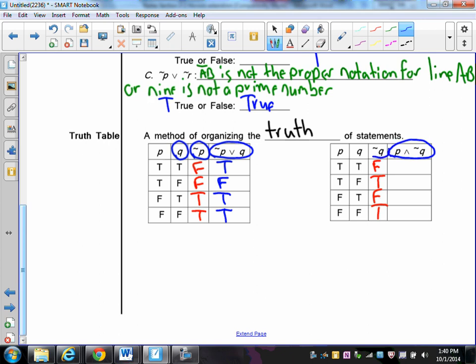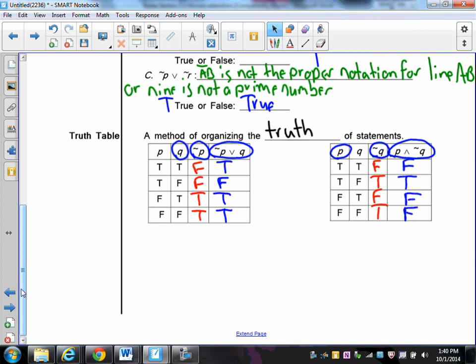P and not Q. So I circled P and not Q. So I have true and false. Remember, when it's and, both need to be true. Only one is true. True and true is true. False and false is false. And false and true is false.